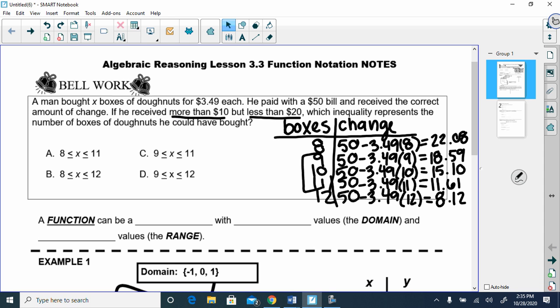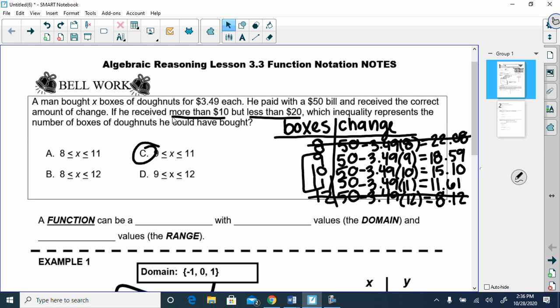Right. 9, 10, and 11. 8 is too much, right? 12 is too little. So it has to be from 9 to 11. So which answer choice would that be? There we go. It's from 9 to 11.